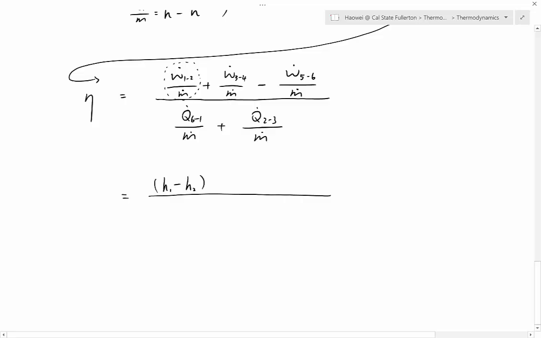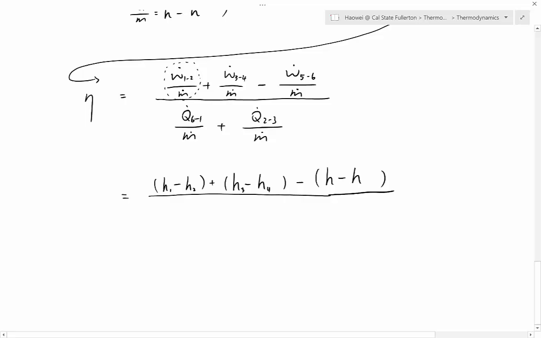And then plus the second one, 3 to 4. 3 to 4 is the same, H minus H. Okay, which one is bigger? 3 to 4 is the second turbine. Number 3 is the inlet. Number 4 is the outlet. Inlet must have more energy. Same reason as number 1. Minus 5 to 6. So again, H something minus H something.